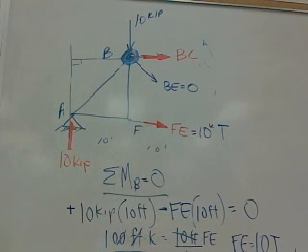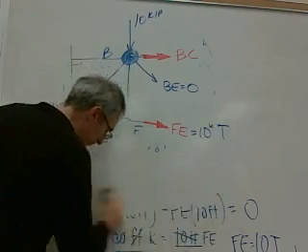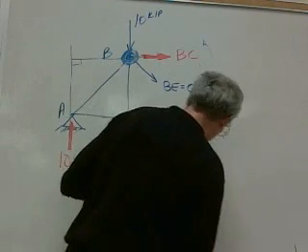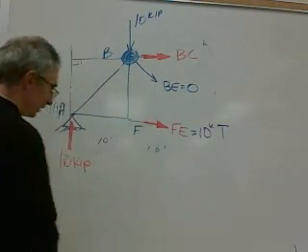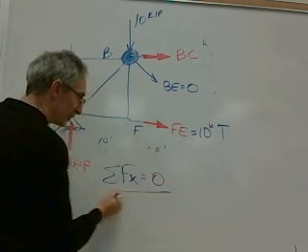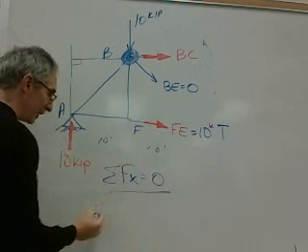Now how are we going to get BC? We can write the X equation if that's what you want to write. That's fine. You could say the sum of forces in the X equals 0. I got FE.